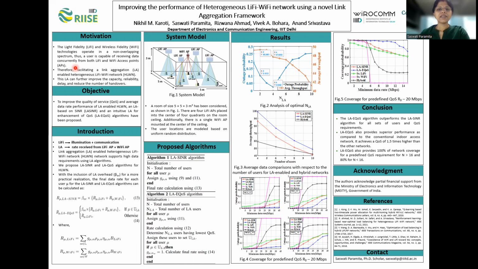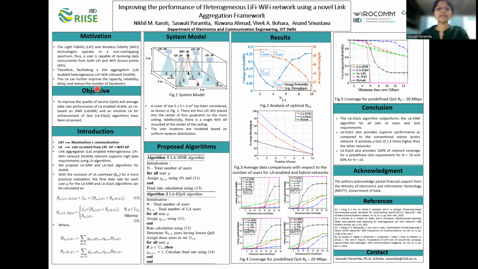In addition, link aggregation is one of the processes which also provides the data rate to the user concurrently from the LiFi AP and Wi-Fi AP to improve the performance of the network capacity and other parameters such as reliability, delay, and reduced number of handovers.